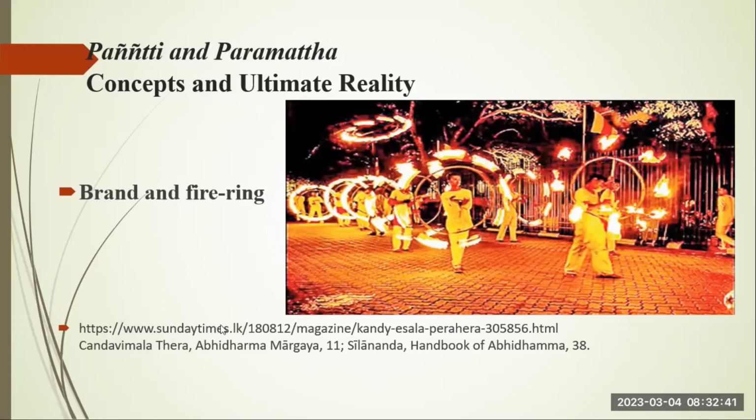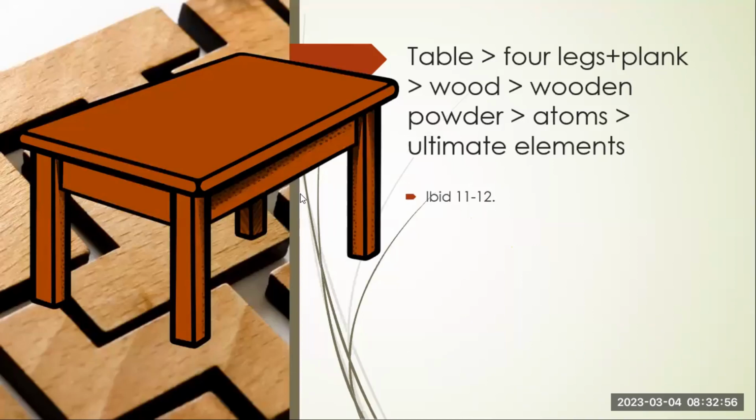Then shall we move into another example? How to differentiate the concept and the ultimate reality with another example. This nice example was given by Chandavimala Mahathera. Here you can see a table.